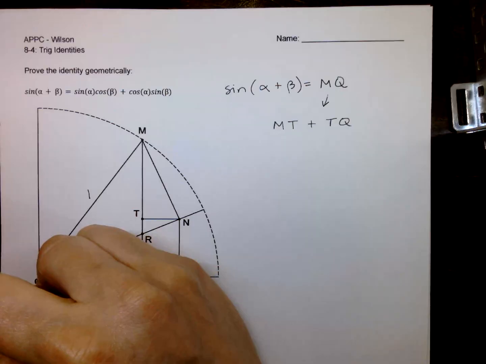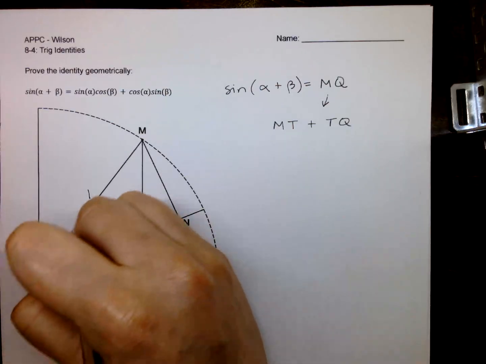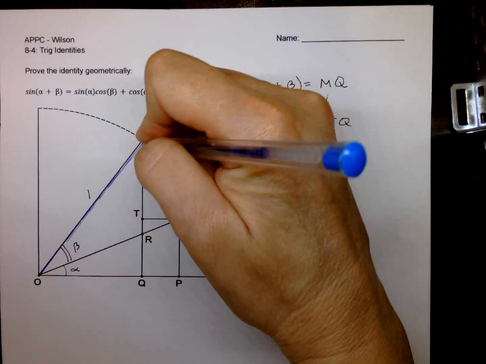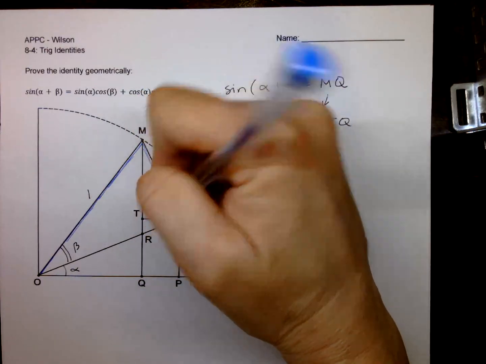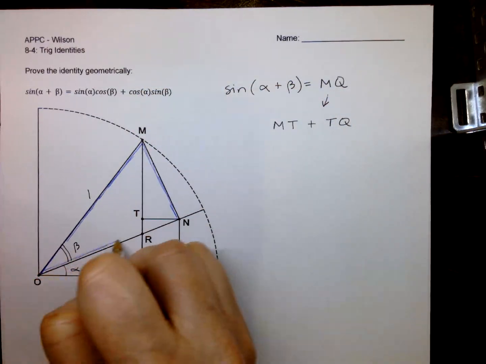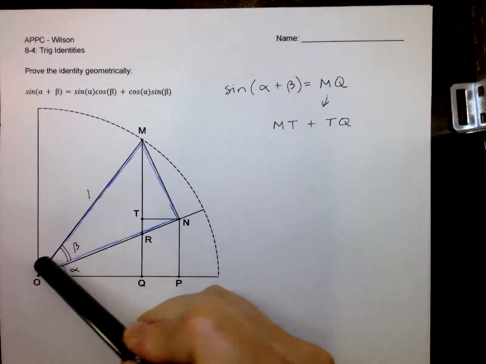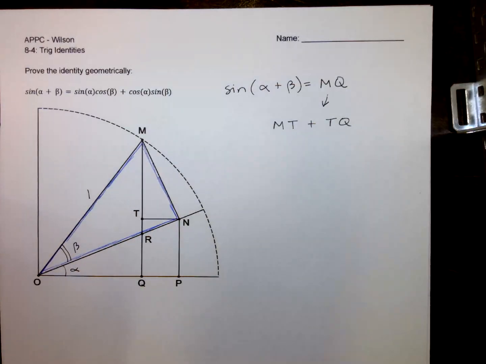First I'm going to look at is this triangle up here. That's the one where beta is the angle that's in the corner of it. And I'm just highlighting it in blue a little bit so you can focus your eyes on it. Notice that it's got 1 as its hypotenuse right there.